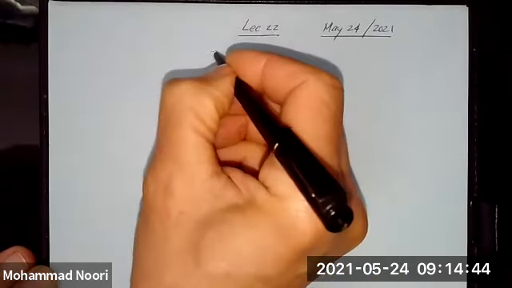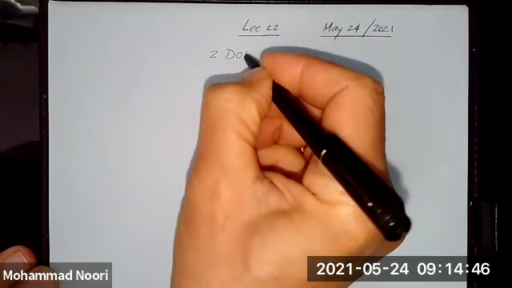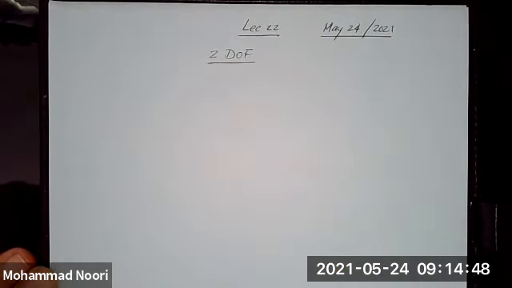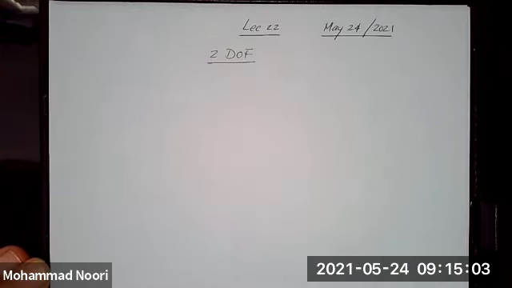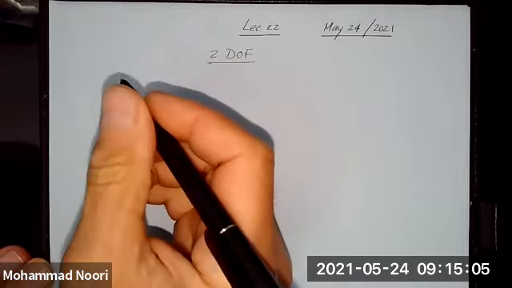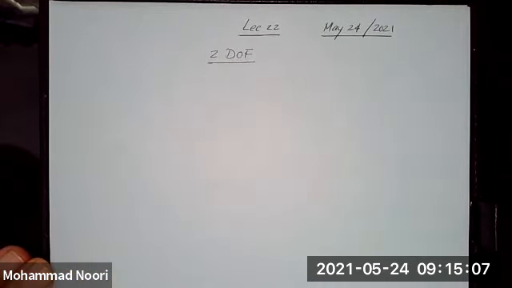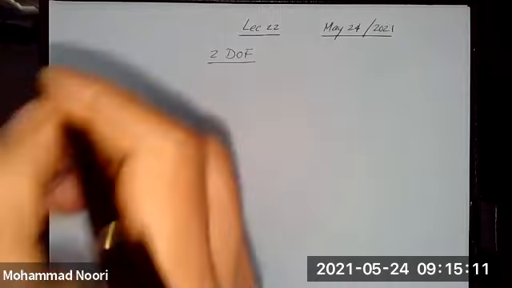We started the topic of multi-degree of freedom systems by first showing how you formulate the equation of motion for a 2 degree of freedom system. So I'm going to do two simple example problems, but let me say this, that similar to single degree of freedom systems, this is what we are going to do.